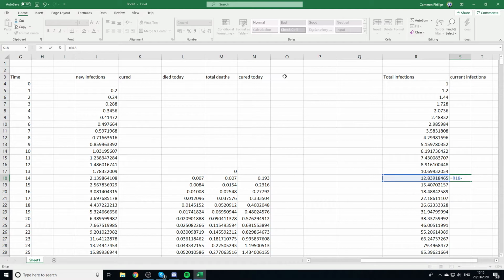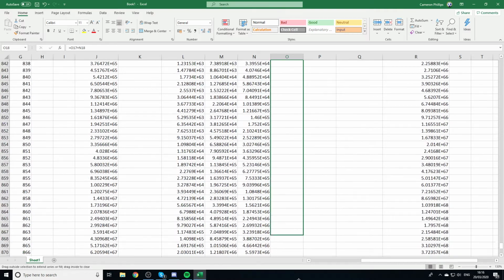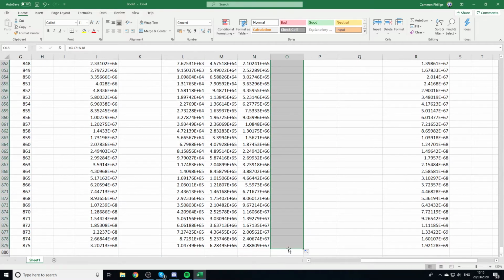Actually we need a total cured before we do this. So total cured, thinking about it, starts at 0 equals 0 plus how many have been cured today. Let's paste that down. There we go.